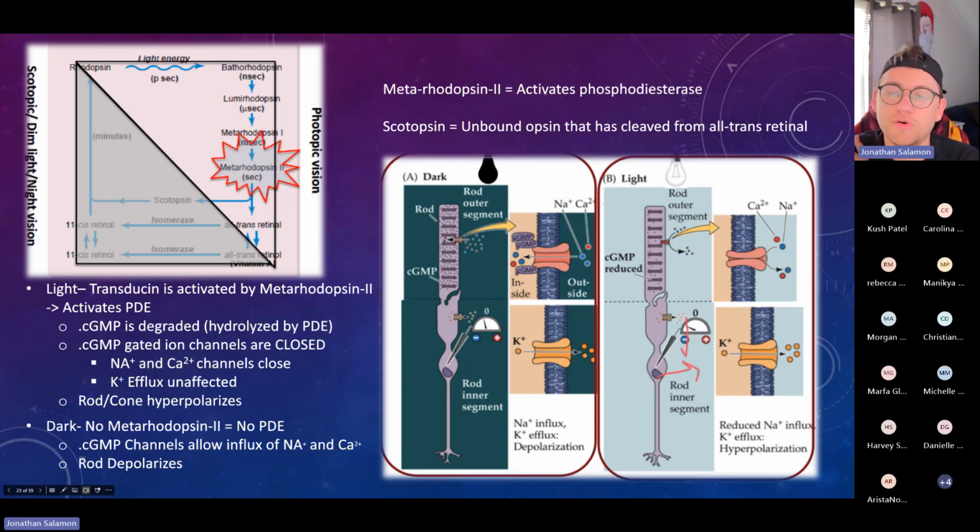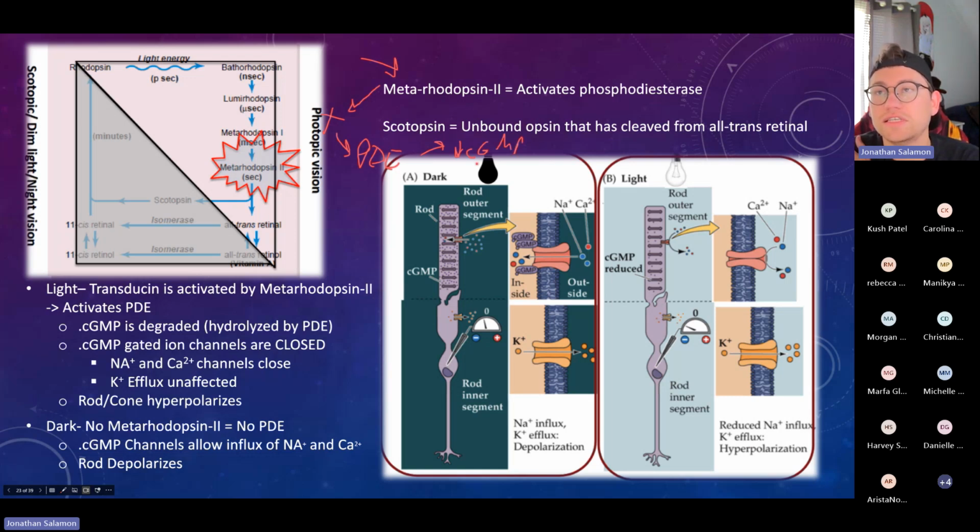So the cell becomes hyperpolarized. And that's that, right? The cell becomes hyperpolarized. That you should know. You should know that light makes metarhodopsin, which makes transducin, which stimulates phosphodiesterase, which decreases cyclic GMP.